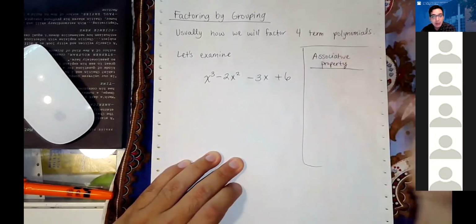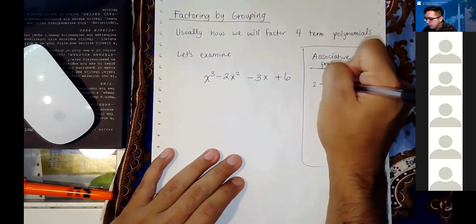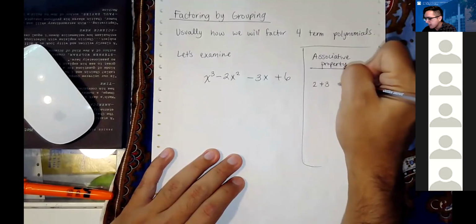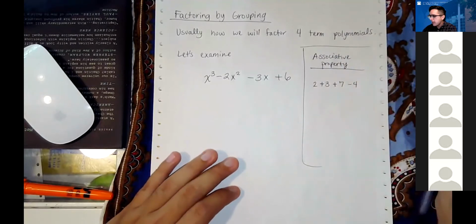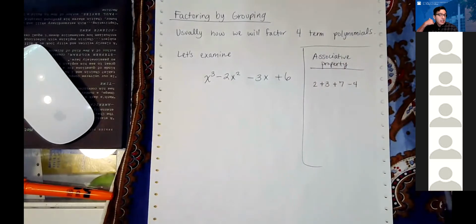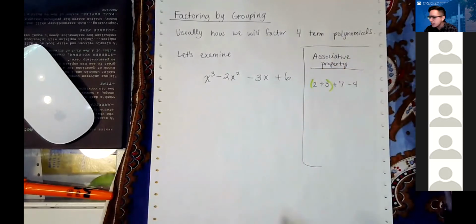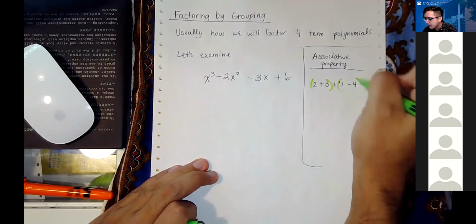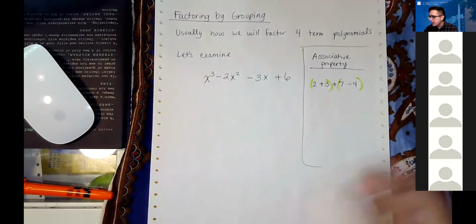So let me just stick with purely numerical expressions. If I had 2 plus 3 plus 7 minus 4, I could group these terms together however I saw fit. So I could put 2 plus 3 and do that first, I could do the 7 minus 4 next, and then go ahead and resolve the problem.